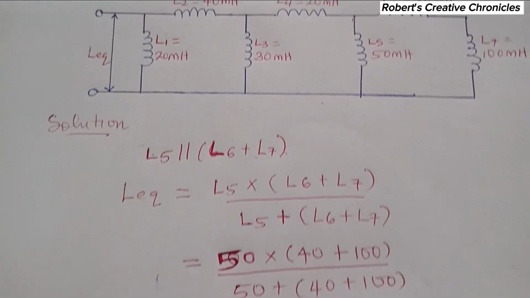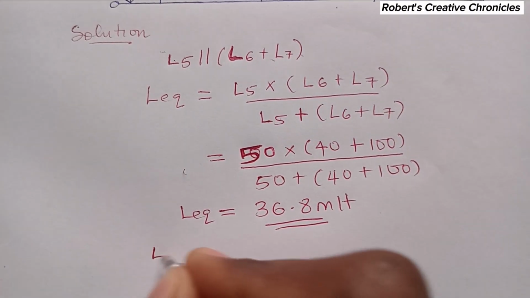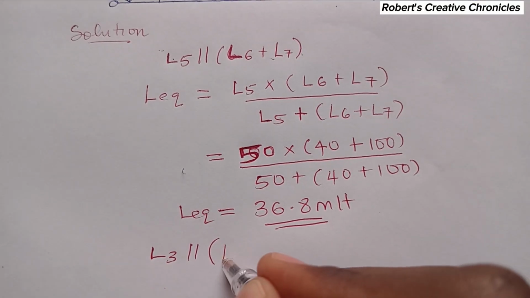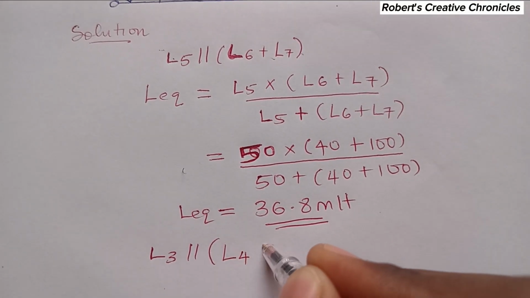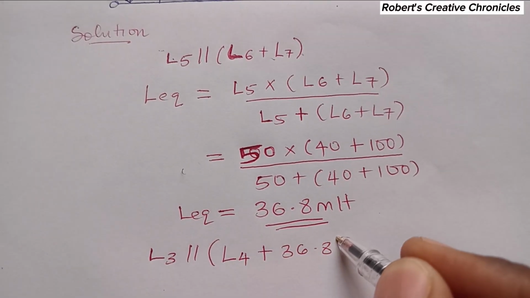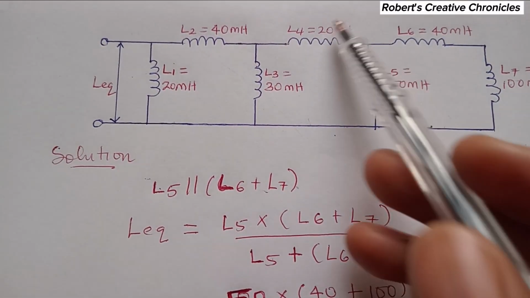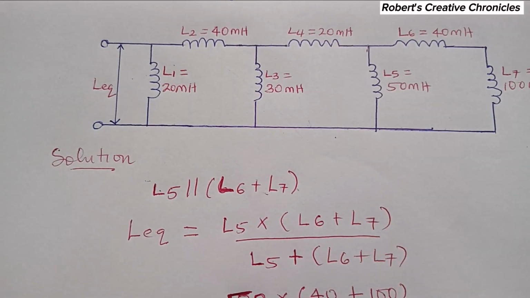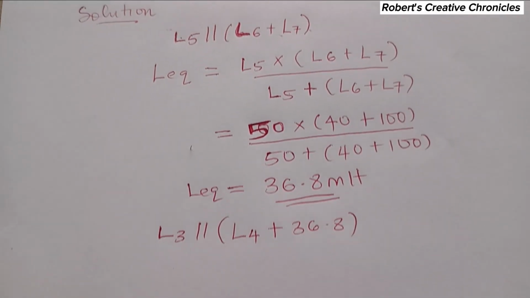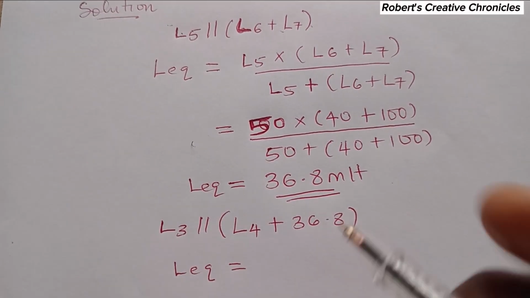In the same way, L3 now will be parallel to the sum of L4 plus 36.8, because 36.8 and this 20 millihenry, L4, will be in series.